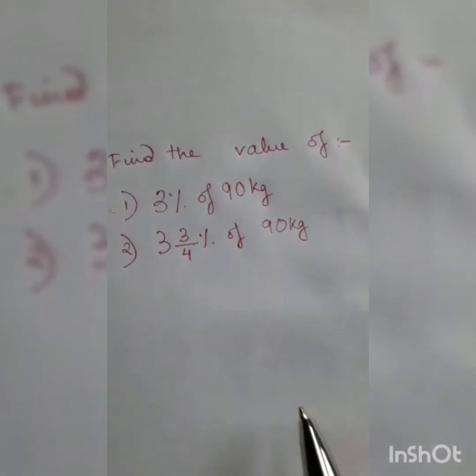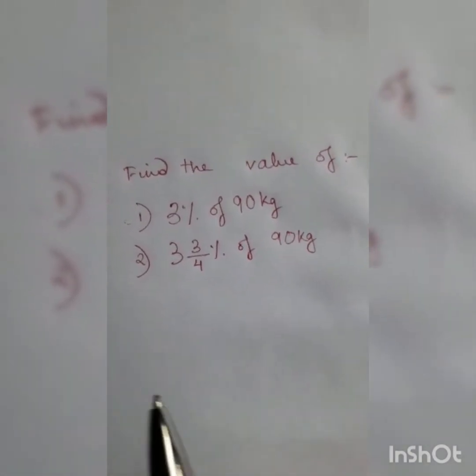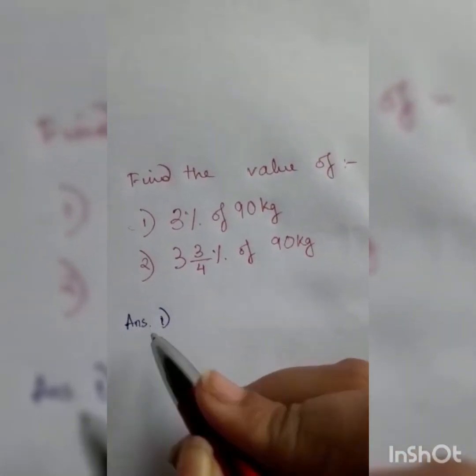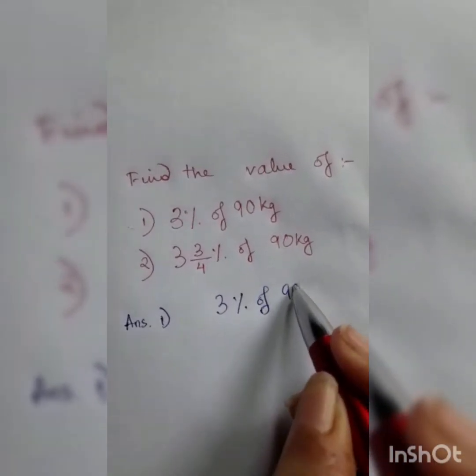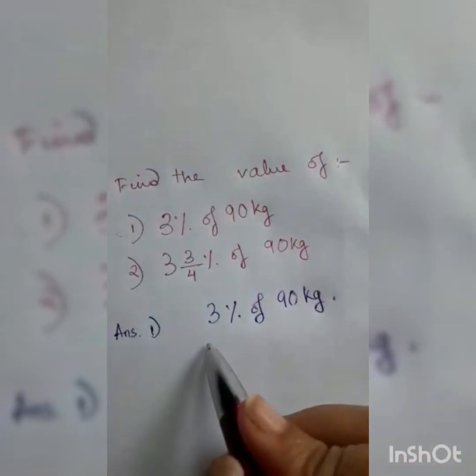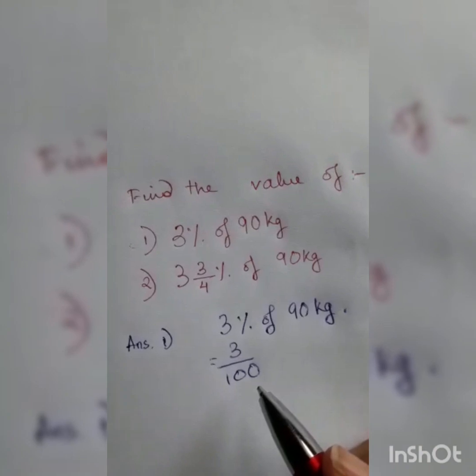Second, find the value of number 1, 3% of 90 kg. So the question is 3% of 90 kg. In order to remove the percent sign, I will divide by 100. So what did we learn?